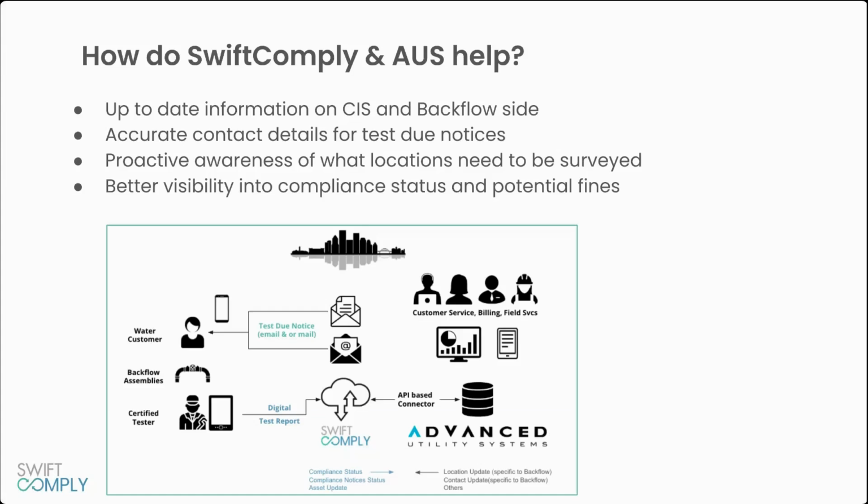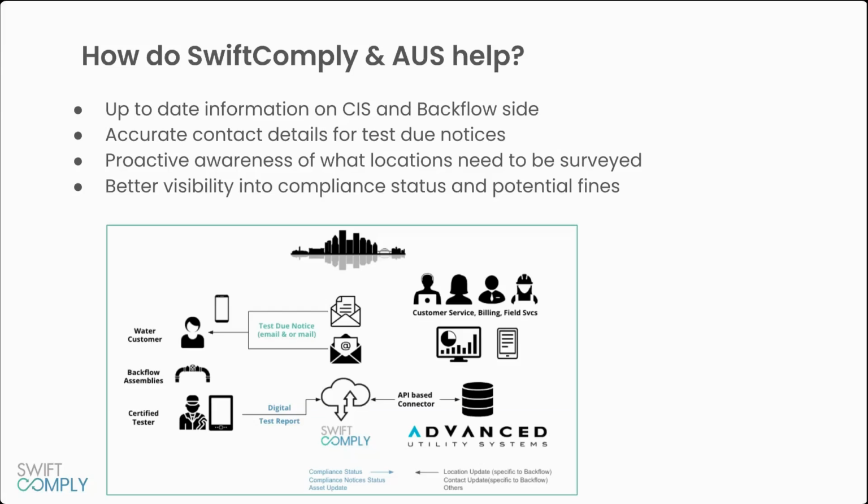Well, guess what? If we have a good connection between those systems and can share that data, you can get visibility into all of these locations where our water customers have water connections set up and we don't know if they have a backflow prevention assembly or not. We don't know if they even need one. They might not have one, but they might need one. They just don't know they need one.